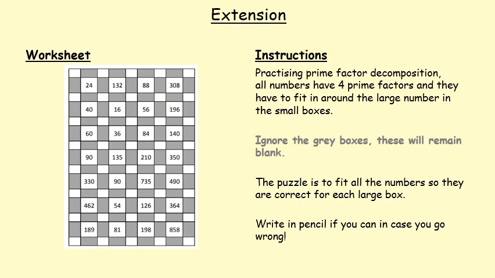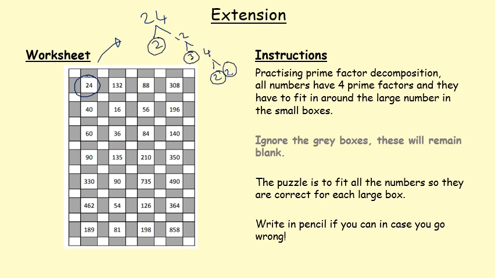Okay, finally there is an extension if you finished everything and you want some more to do. So what we have here is a grid on the left. Don't worry about the grey boxes. The grey boxes will have no numbers written in them. But for example, 24 up here, what you're looking to do is break this down into product of primes. So you're going to have exactly 4 factors when you break it down into product of its primes.